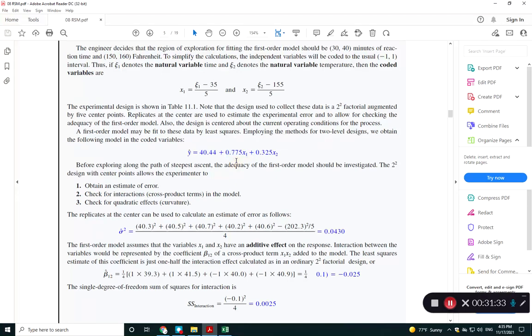Here is the parameter. Go back to the SAS.